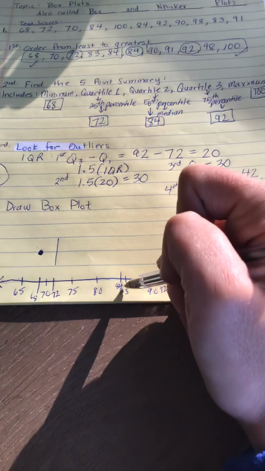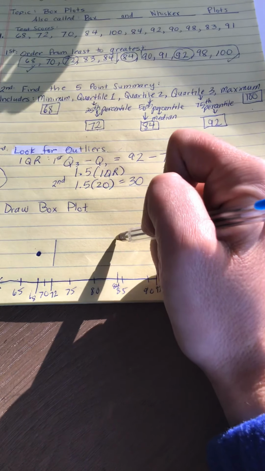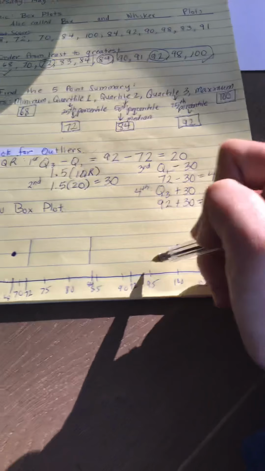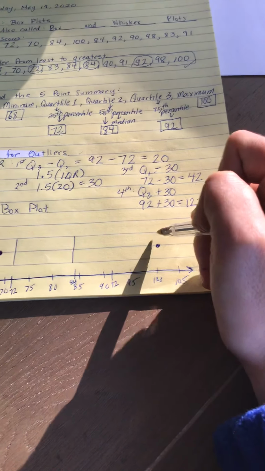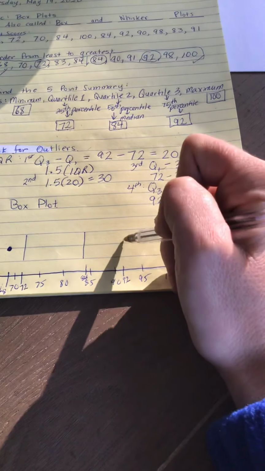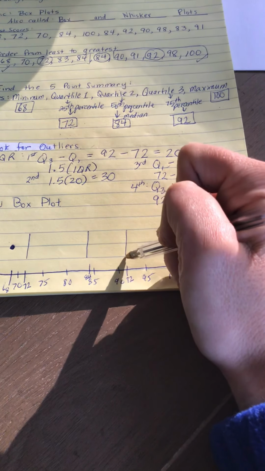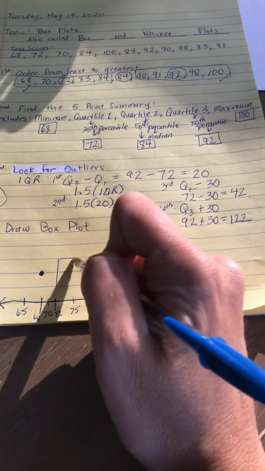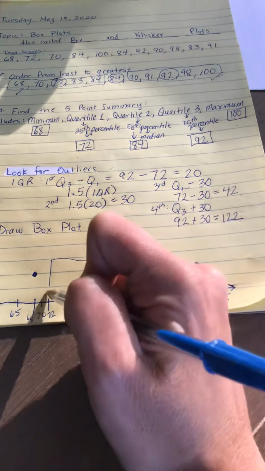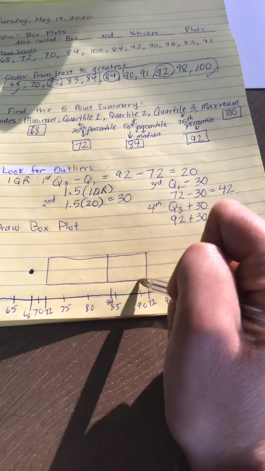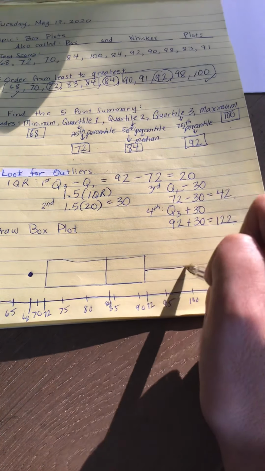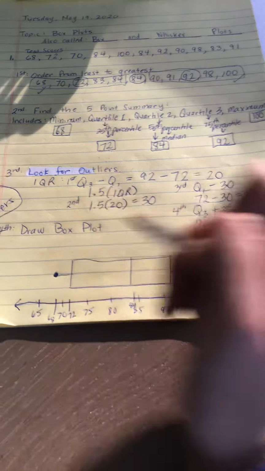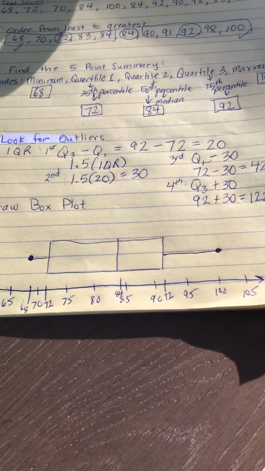At 84, I'm going to put a bar like this, same size, through the center there. And then 92. And that's your box. And these are your whiskers. You go out to the max and out to the min, and that's your box plot.